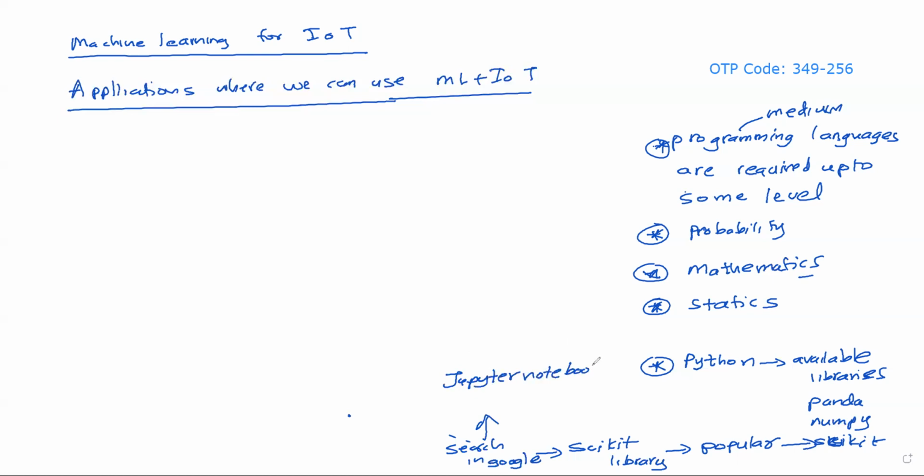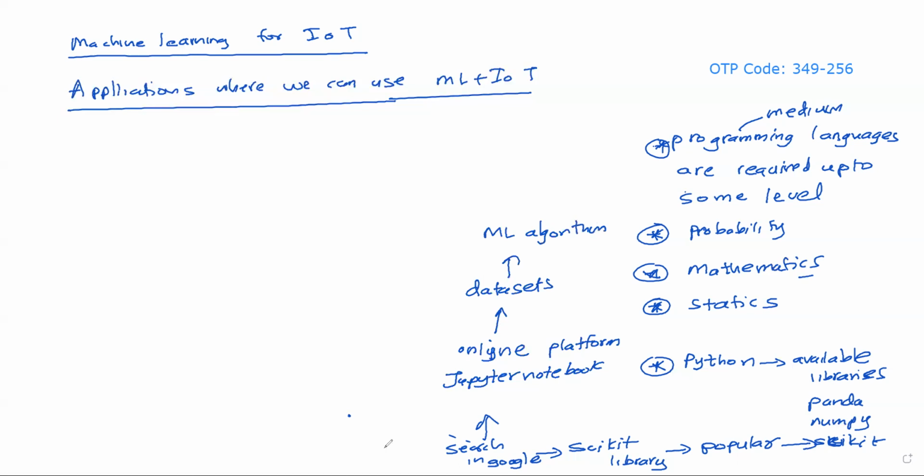This is an online platform available with the internet. The Jupyter notebook is available online, so you can copy and paste onto the Jupyter notebook, provide the necessary data sets, and implement your machine learning algorithm on that platform.